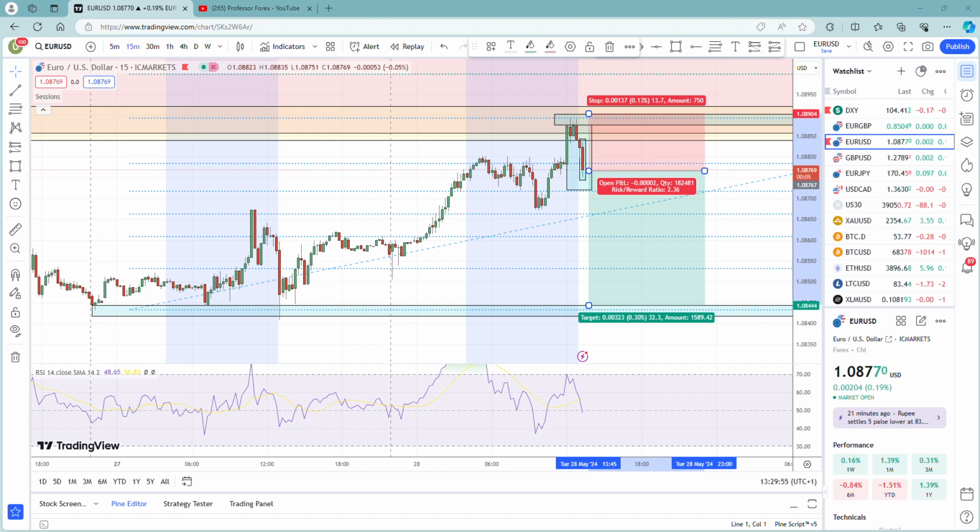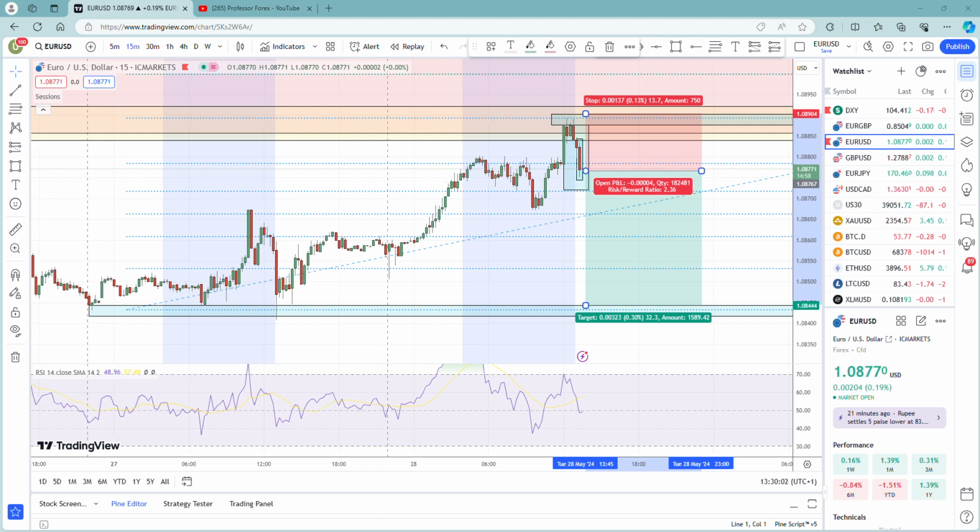So let me just go ahead and enter that on MT4, if you just give me a moment. So if you're trading £1 a pip, you're risking £137 to win £323.